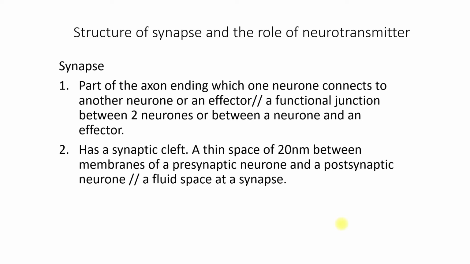Now synapse has a synaptic cleft, a thin space of 20 nanometers between membranes of a presynaptic neuron and a postsynaptic neuron, or a fluid space at a synapse. So you can just define the synaptic cleft as a fluid space at a synapse.